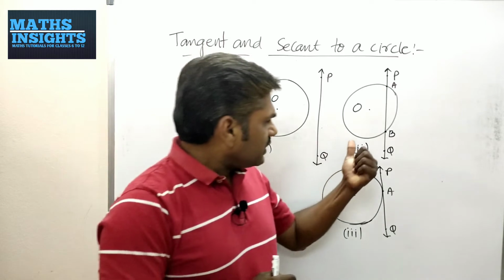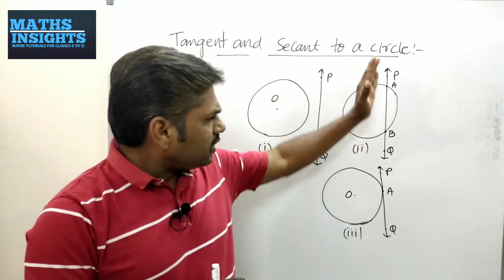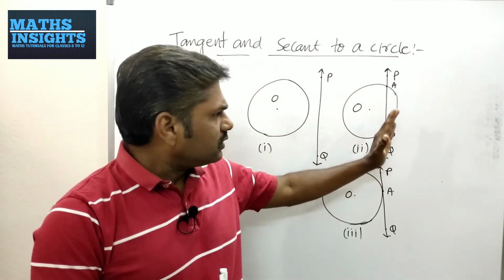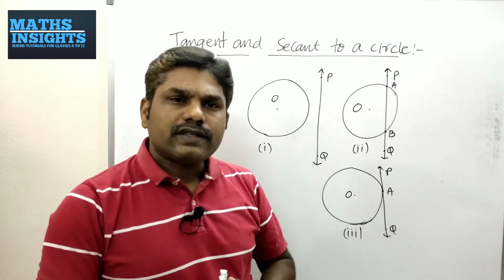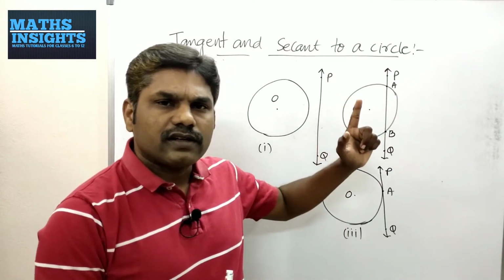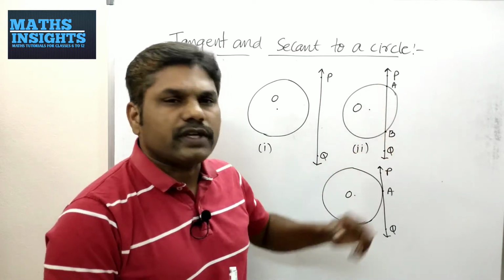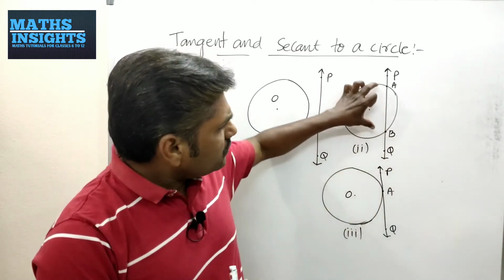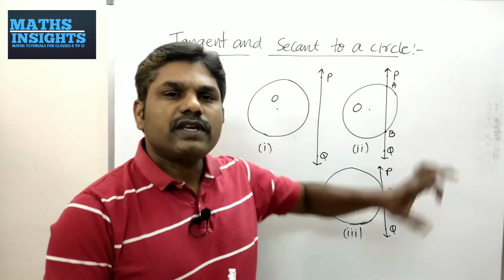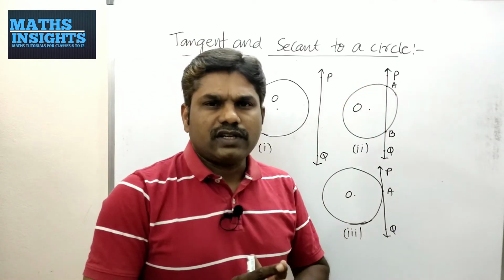If you see the case 2, the line PQ, I am naming the line PQ, is intersecting the circle at two different points called A and B. The distance of this A and B is called chord of the circle.